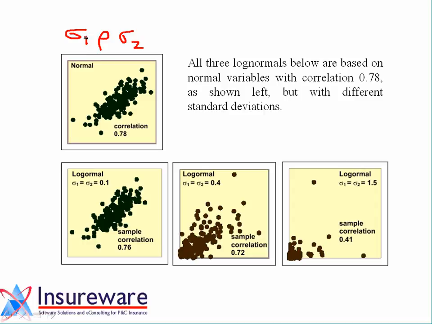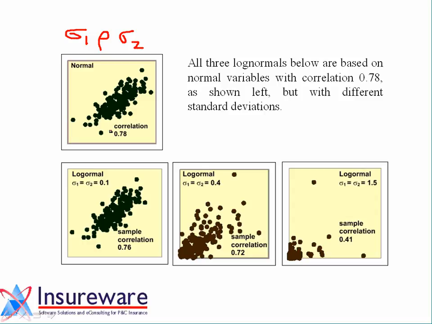And of course, you know that as you change the standard deviation of a normal, you don't change the mean of the normal because it's got a separate parameter, but you do change the mean of the corresponding log normal if you exponentiate the normal variable. I guess the same thing applies when you've got two normal random variables that have a linear correlation of rho. If you change the standard deviations of the normals, the correlation between the log normals changes.